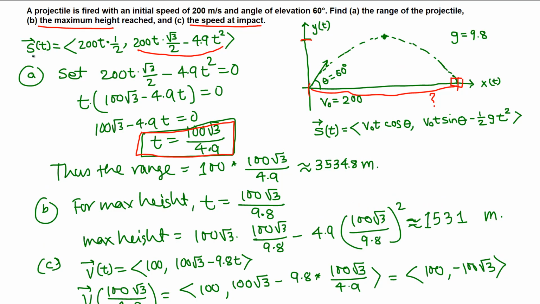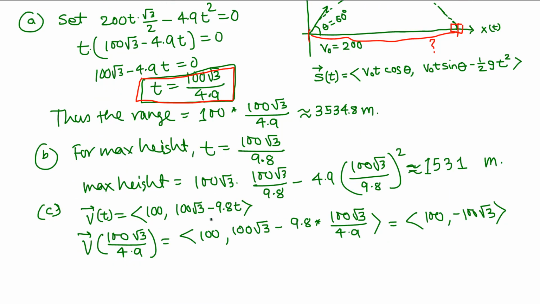So this is the position function, given by the formula, and now we find its derivative, and here is the velocity. Now we know it takes this much time to get to that point, so replace t by 100 root 3 over 4.9. So velocity at this time is this, which simplifies to 100 comma negative 100 root 3.